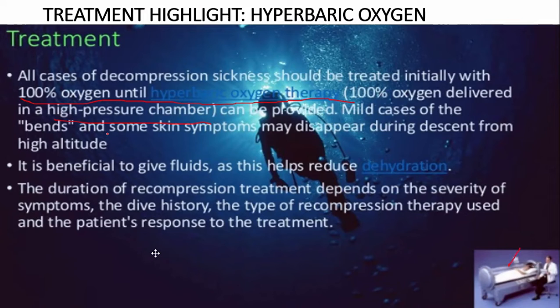Mild cases of the bends and some skin symptoms may disappear during descent from high altitude. It is beneficial to give fluids to help reduce dehydration. The duration of the treatment depends on the severity of symptoms, the dive history, the type of decompression therapy used, and the patient's response to treatment.